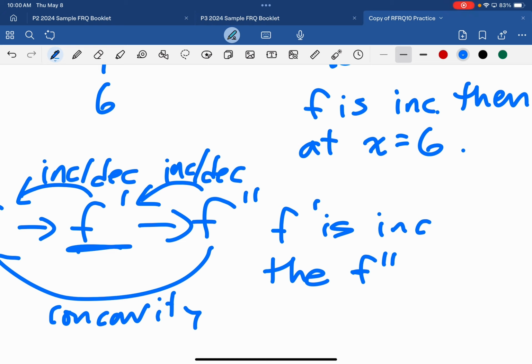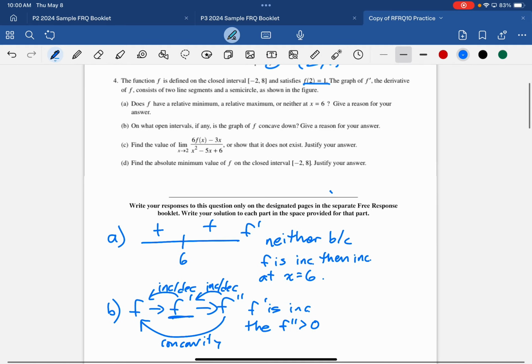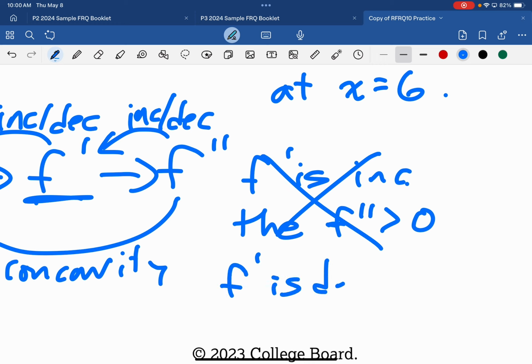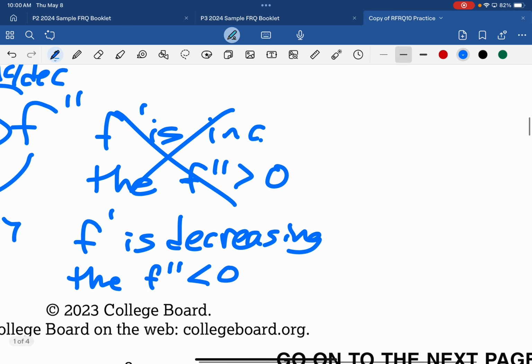F prime prime, right? So f prime prime is positive if f prime is increasing, and vice versa. And what are we trying to find? Intervals of concave down. Okay, so I don't care about where f prime is increasing. Where f prime is decreasing, the f prime prime is less than 0, therefore concave down.